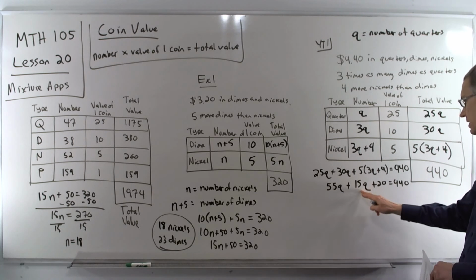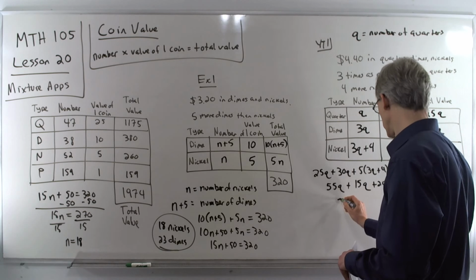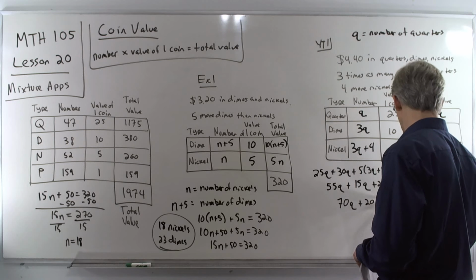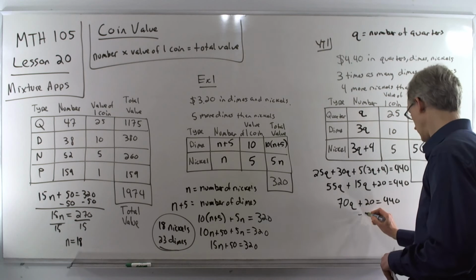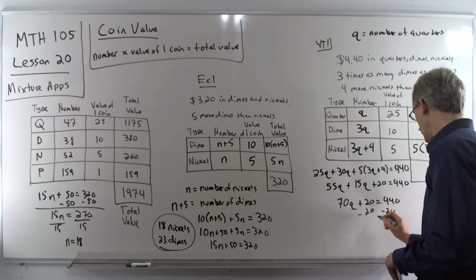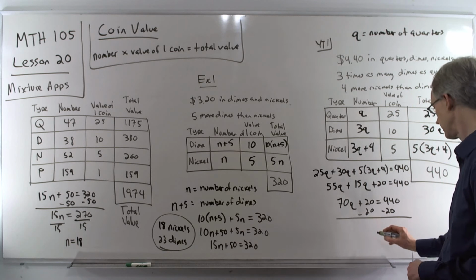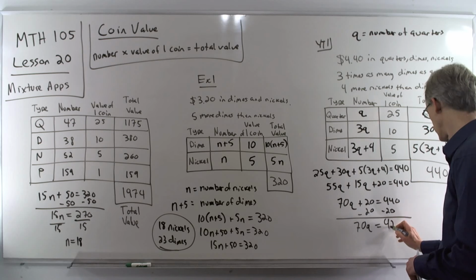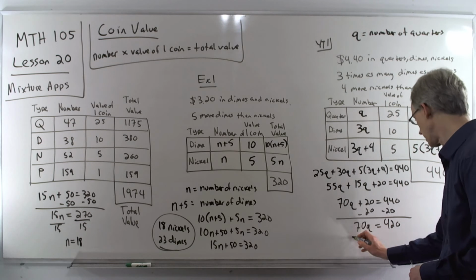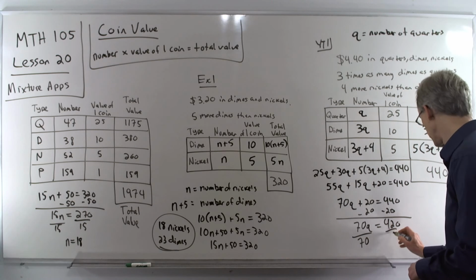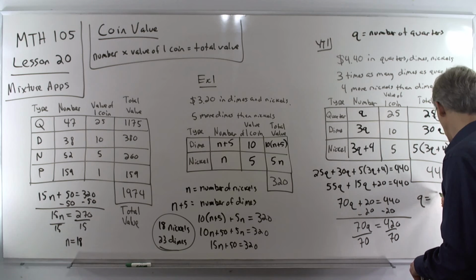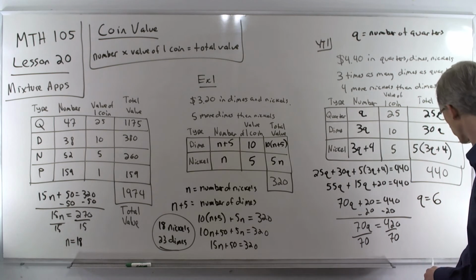Now we can add these Q's together, so that's 70Q. Now subtract 20 from each side. So 70Q equals 420. Divide by 70, and Q equals 6.